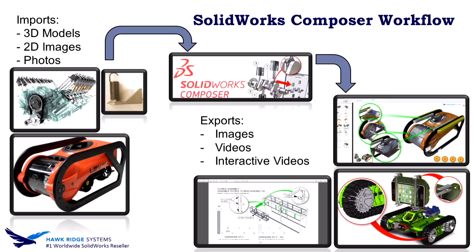Of course, this is a SOLIDWORKS product, so we communicate directly with SOLIDWORKS, but we can also import other models such as STEP, IGES, any of our competitors out there, even models such as Rhino and 3ds Max, right in. 2D images are any screenshots, configurations, or renders, and then photos.